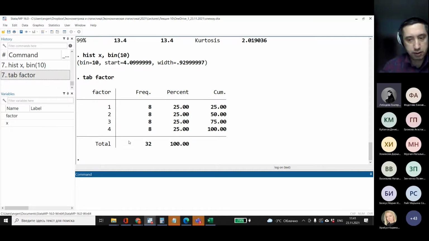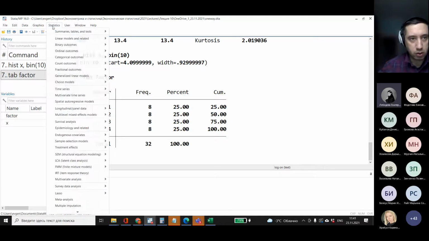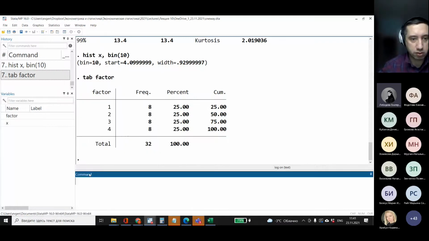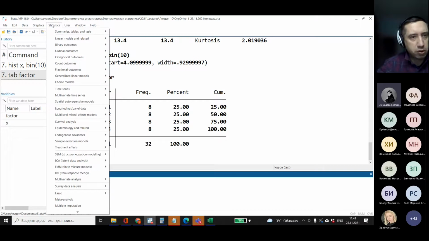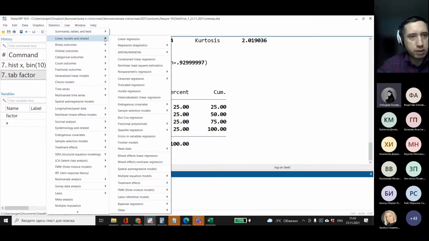As usual, there are 2 ways to do this. One way is to use our buttons or panels. Another way is to use the command line. Let's do both. If you want to rely on the simplest way, you should go to Statistics. Next, you should go to Linear models and related.